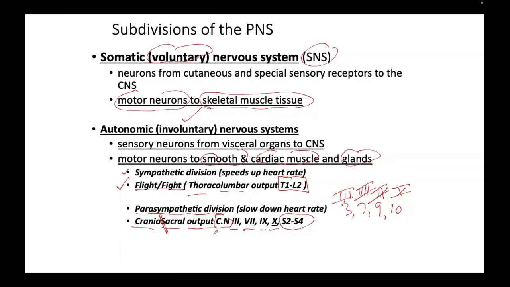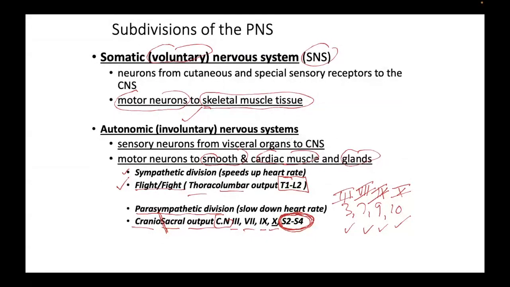So craniosacral outflow is cranial nerves 3, 7, 9, and 10, and sacral segments S2, 3, and 4, which help keep the feces off the floor. If there's damage to that sacral region, people lose bowel control.